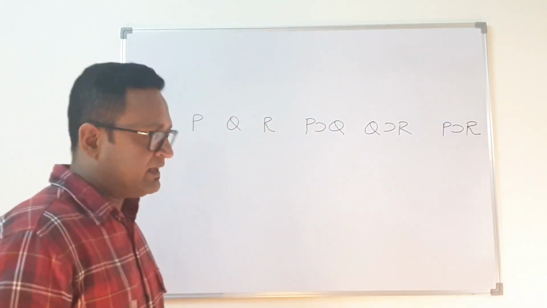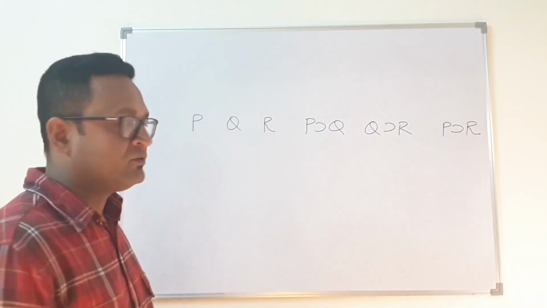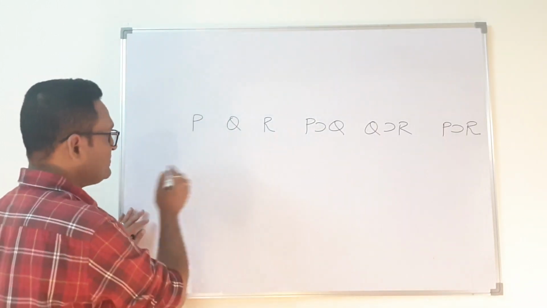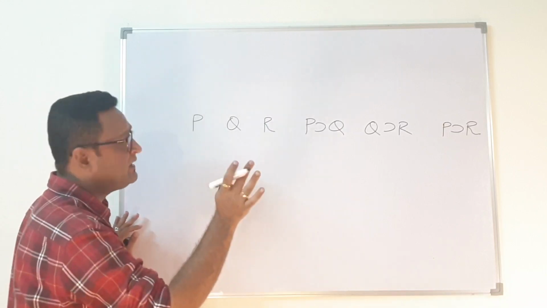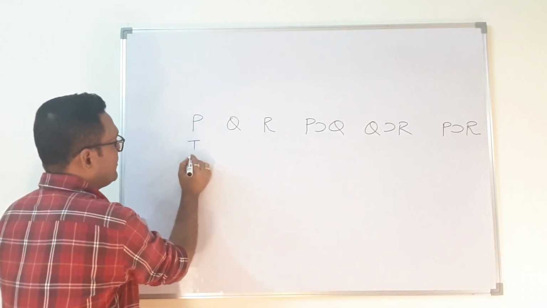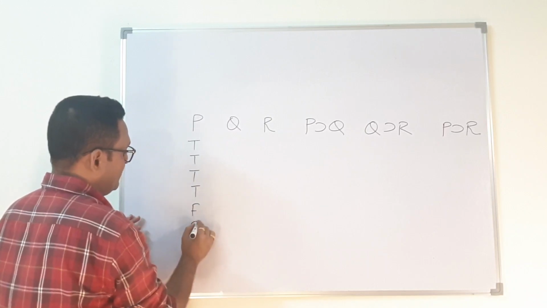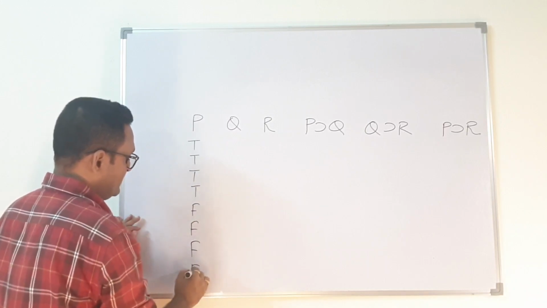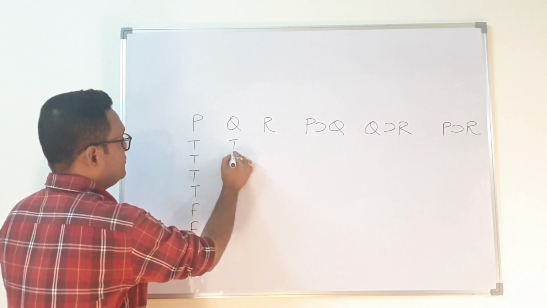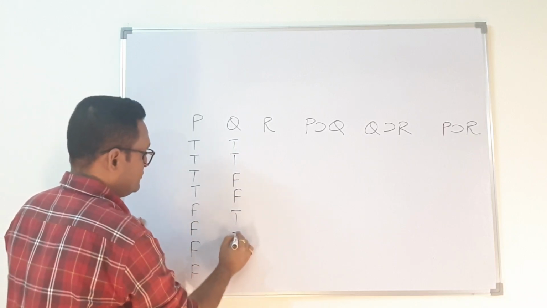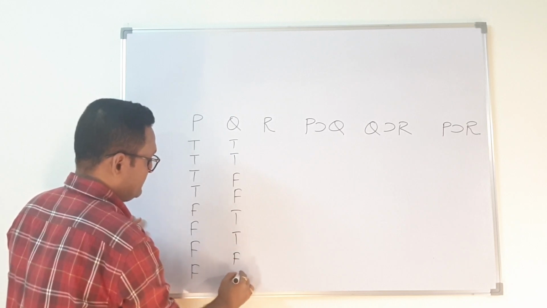So one way is to draw the whole of the truth table. So let us draw the whole of the truth table first and understand. As you know there are 3 statements, so there will be 8 rows. So I will draw it like this: true, true, true, true, false, false, false, false. Then true, true, false, false, true, true, false, false.